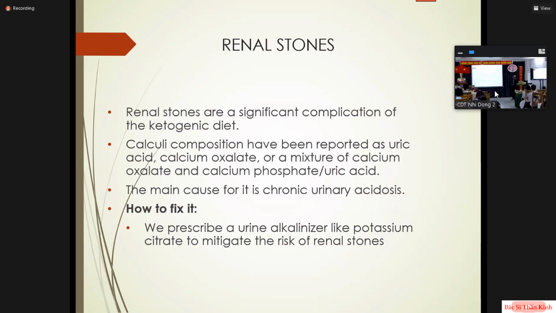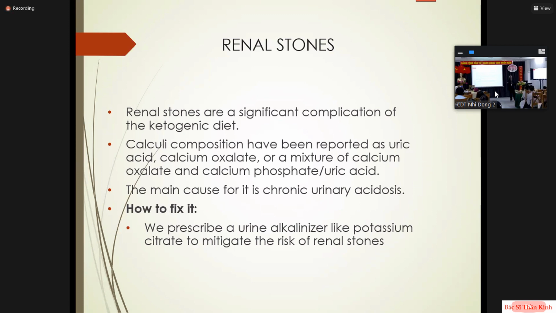Renal stones, I haven't seen it even in one patient. Why? Because we give them potassium citrate all the time, from the first day to the last day. Everyone's urine is alkalinized. So if it is alkaline urine, you're not going to get these stones, even if they're on topiramate and zonisamide along with the diet. And maintain a good urine output.